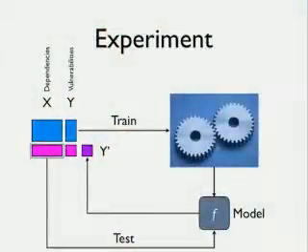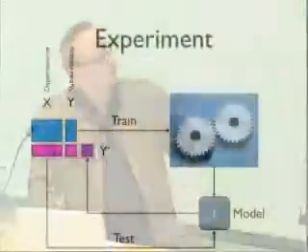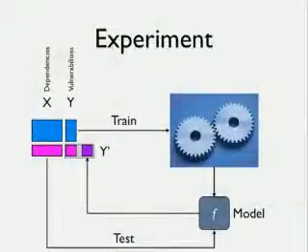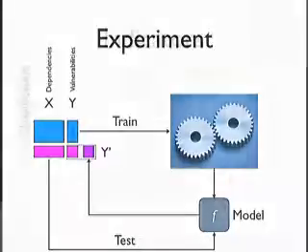Then we use the remaining portion to test. We input this in the model, and we get something that may or may not have anything to do with what we know is true. In the last step, we compare those two, and basically the more similar they are, the better the model is.